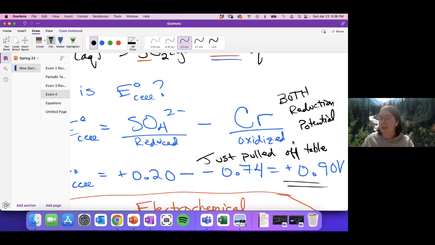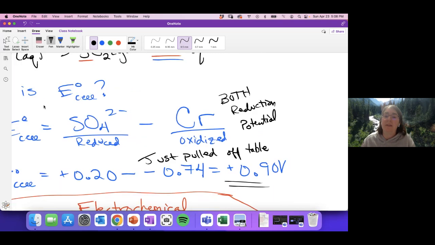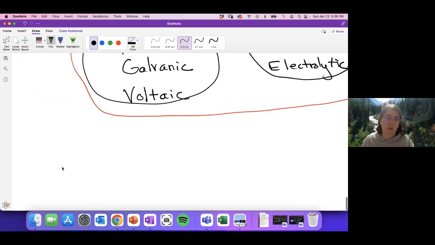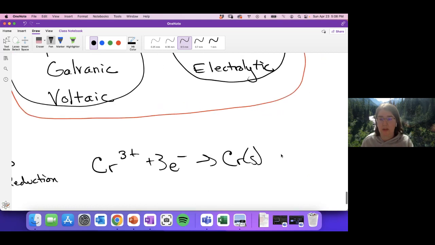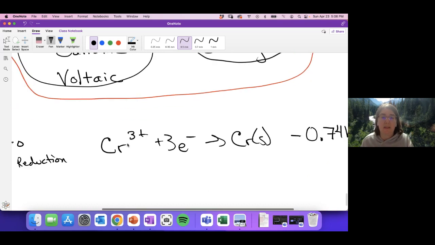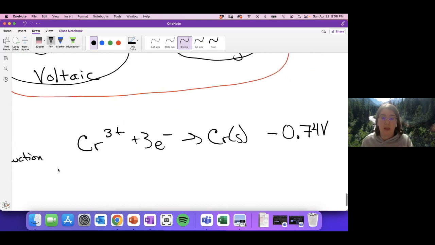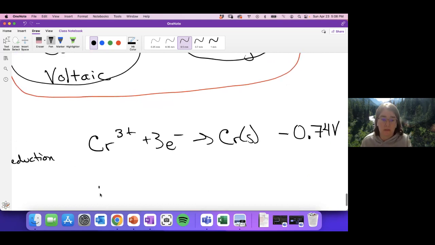Now, realize that if I wanted the oxidation potential, my reduction potential for chromium 3+, as it is pulled off of the table, is negative 0.74 volts, and that is its standard reduction potential. If I wanted its oxidation potential, then what I'm asking for is what happens when you actually flip this thing around.